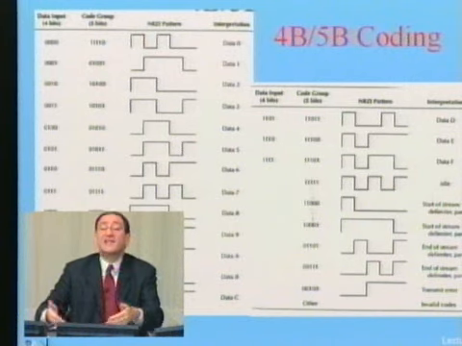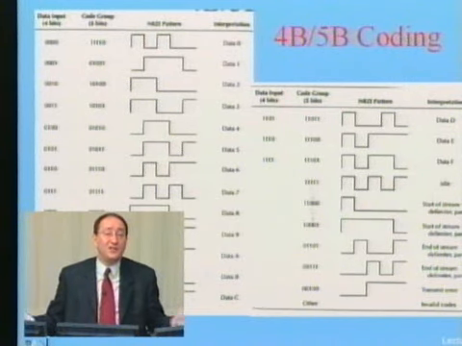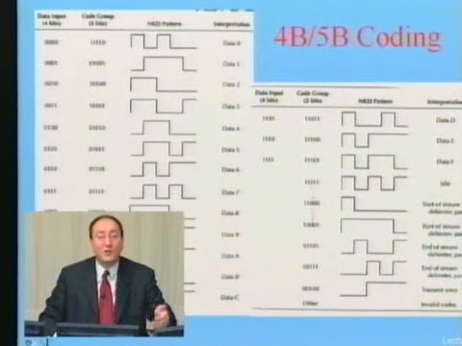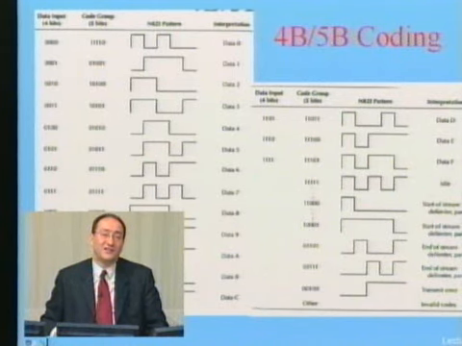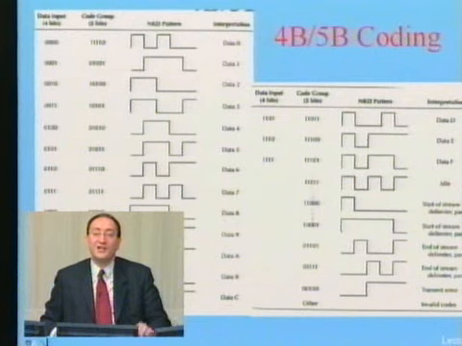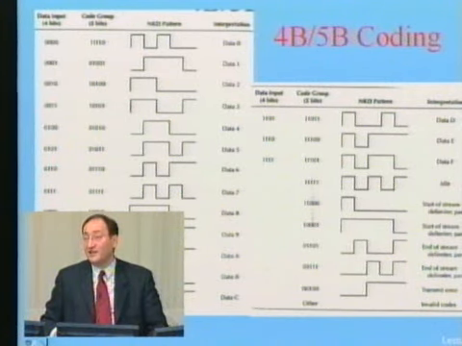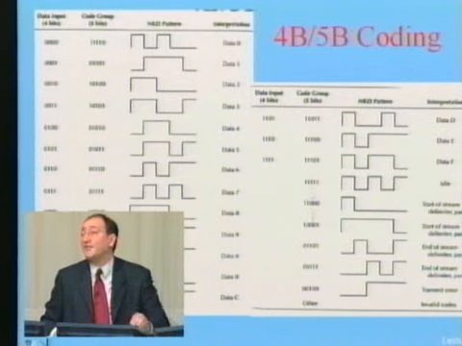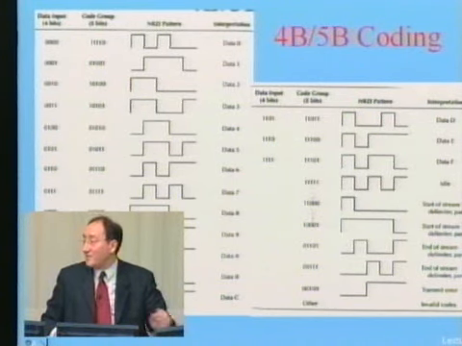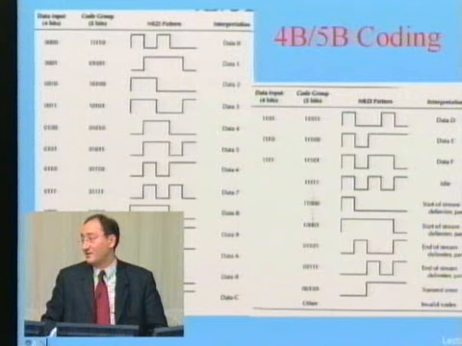And then I have 16 more, which are left over. Nobody is using them. Those 16, I can use for control signaling, actually. Remember that I don't have much control signaling in Ethernet, so I can implement it at the physical layer rather than in the MAC layer. That's the trick that they are playing in here.